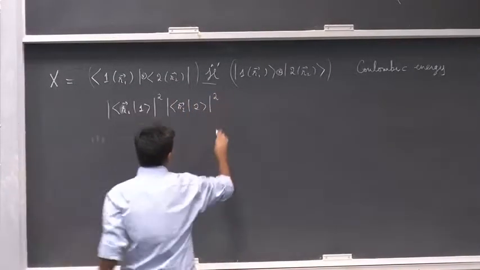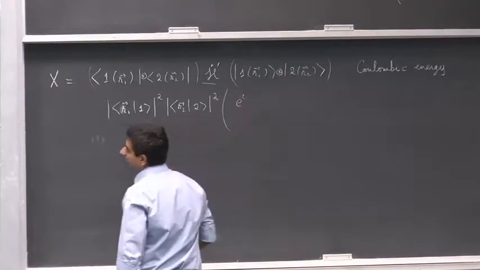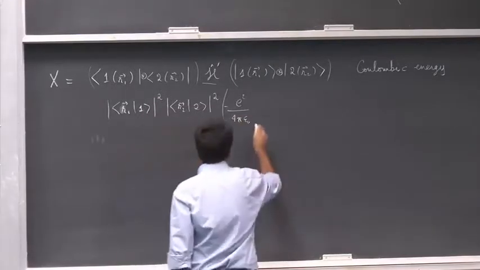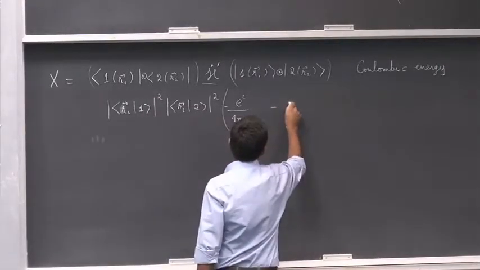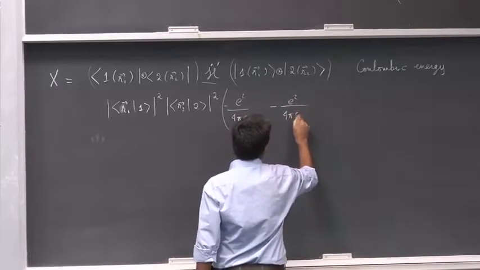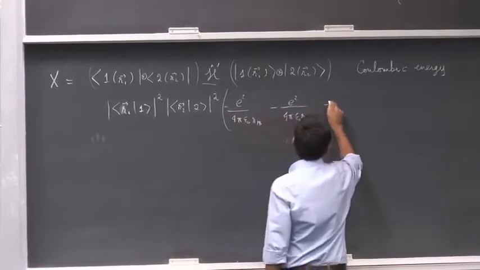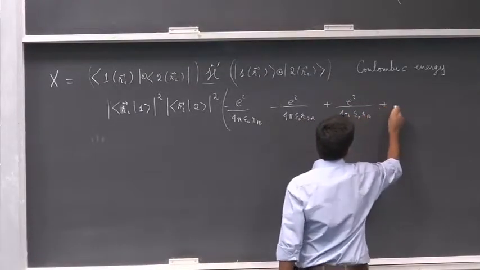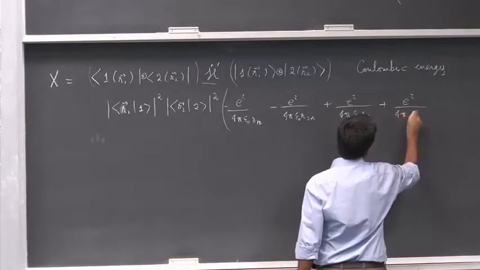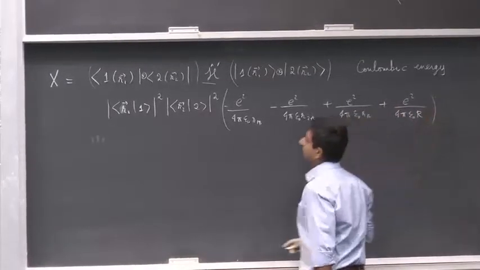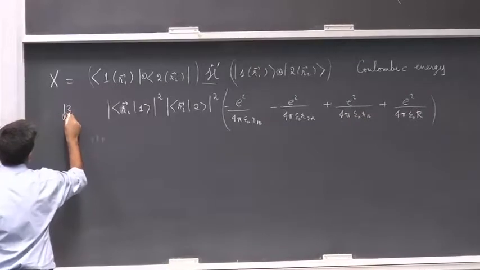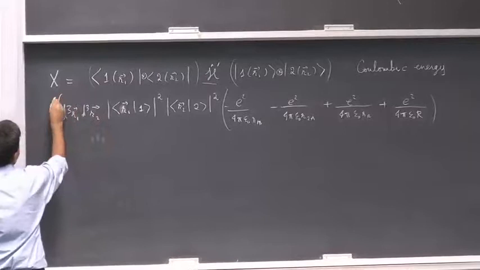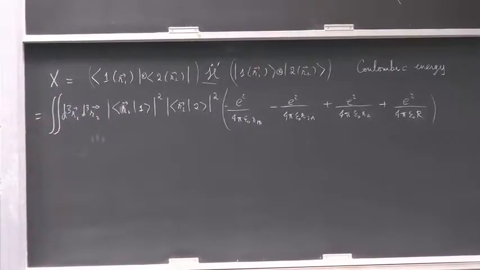Then you have all the terms over here: minus e squared over 4 pi epsilon naught R1b, minus e squared over 4 pi epsilon naught R2a, plus e squared over 4 pi epsilon naught R12, plus e squared over 4 pi epsilon naught capital R. And you're integrating all of this over the entire volume. This is what K is. All of these are Coulombic terms.